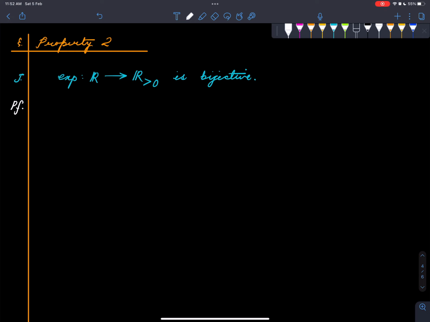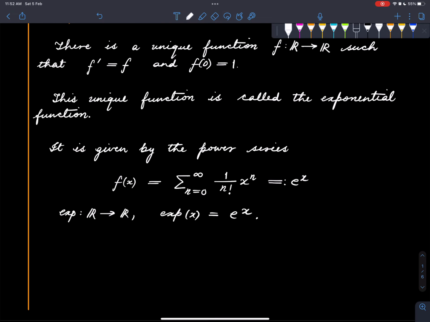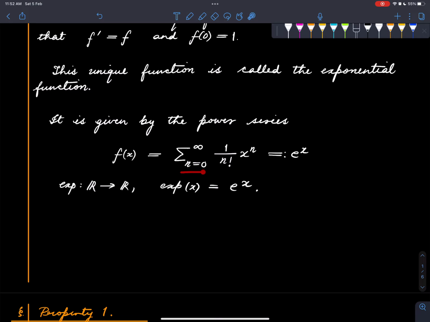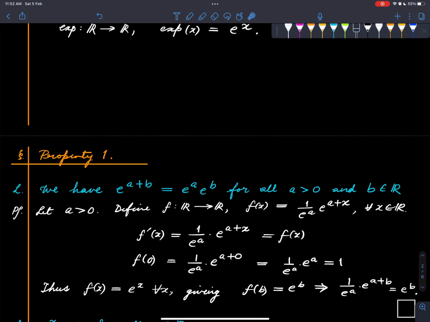Okay, so how do we manage this one? So clearly, this is infinite. You just look at the power series and you'll see it from that. There are other ways to do it, but just look at this expression and you'll be able to prove it.